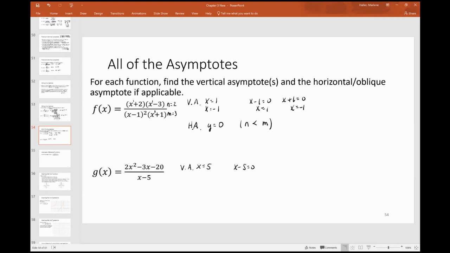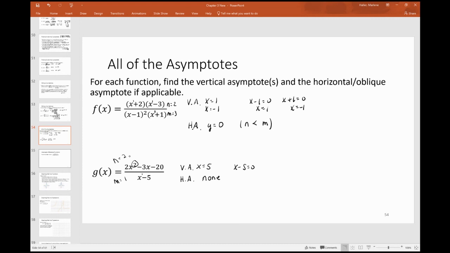All right, now for the horizontal asymptote, we'll compare the degree of the numerator to the degree of the denominator. So the degree of the numerator is 2. The degree of the denominator is just 1. So what does that tell us about horizontal asymptotes? That there's none, right?